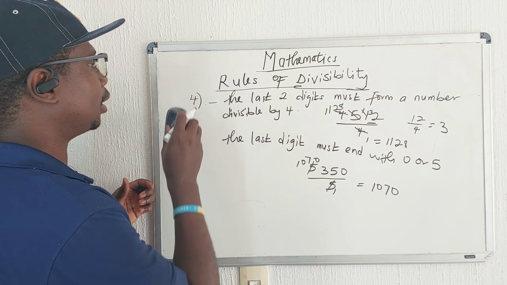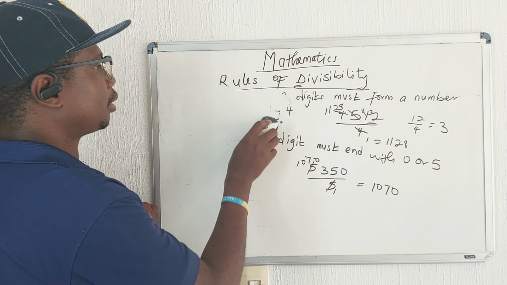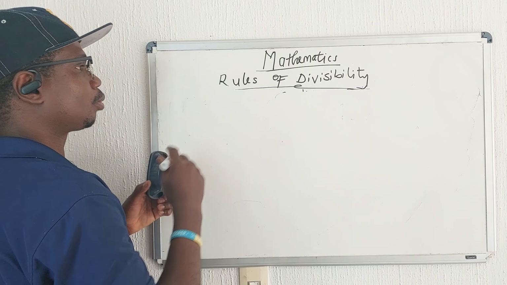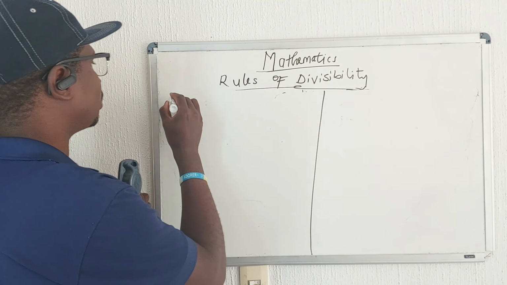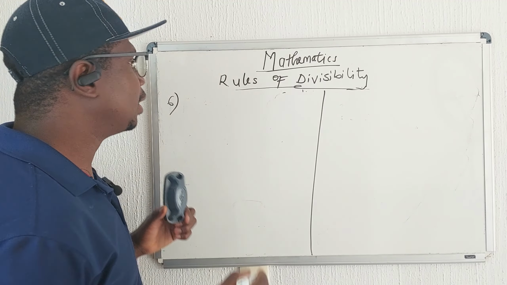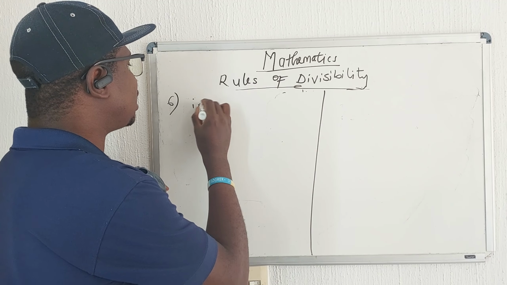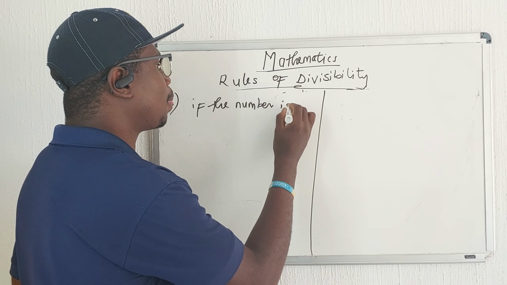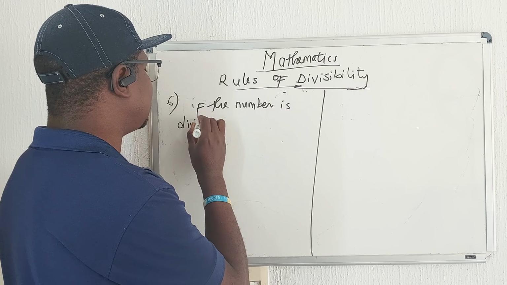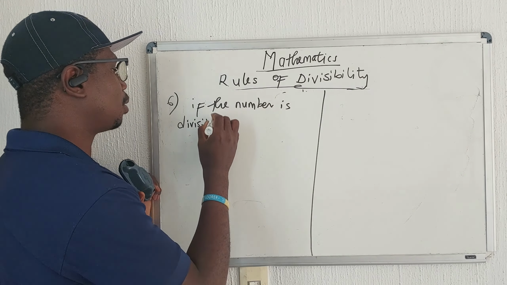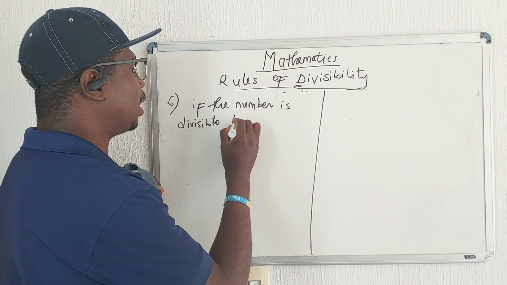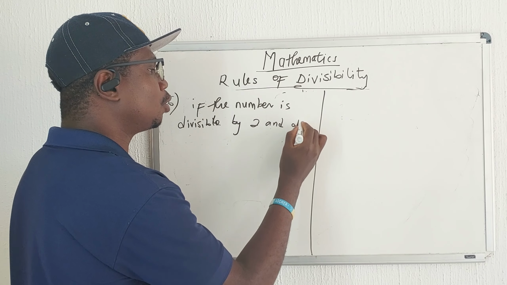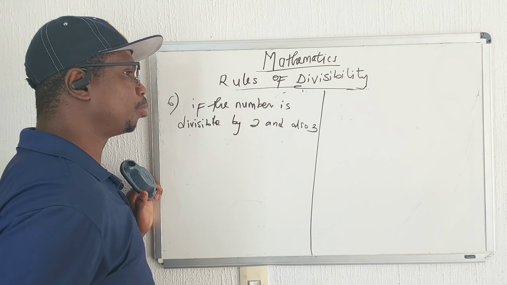Now the next number is 6. Let's clean this to create some space. Let's divide our board into 2. The test for 6 is if the number is divisible by 2 and also 3.